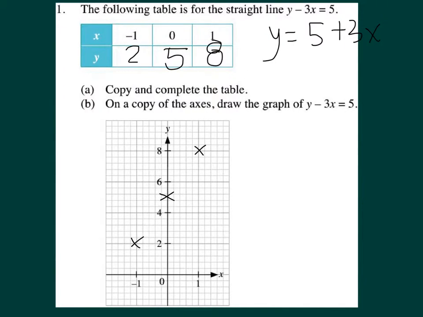Is it done yet? Done. What's the next step? Join the 3 marks and you get the line for the equation y equals negative 3x plus 5. Okay?